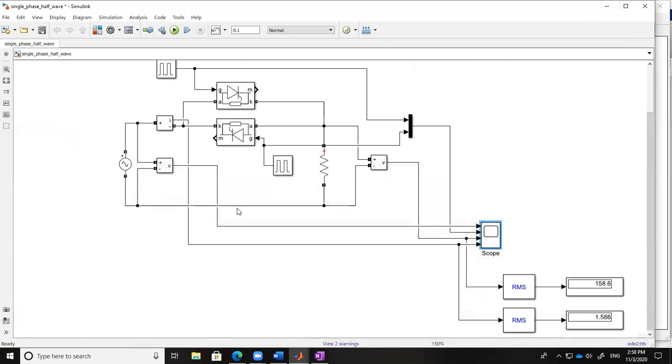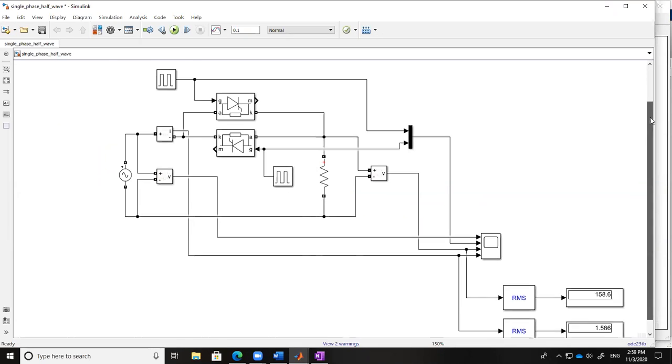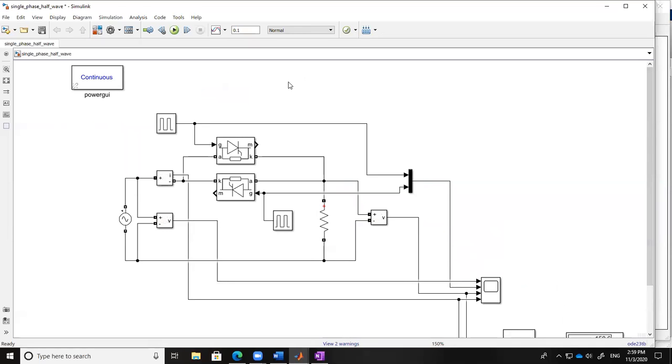And how will it be useful? It will be useful if, instead of this resistor, I connect a fan here. Just like in our home, what we have developed is the fan regulator, in its very simplified form.